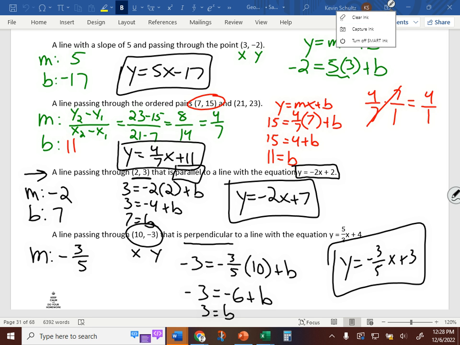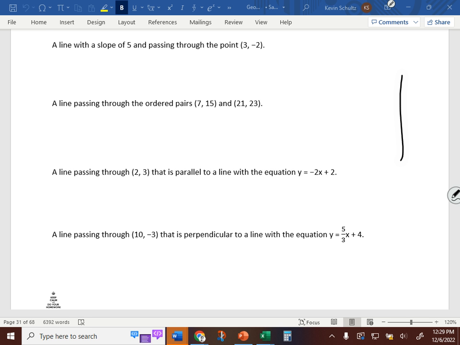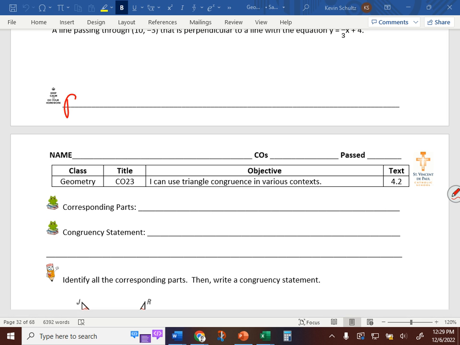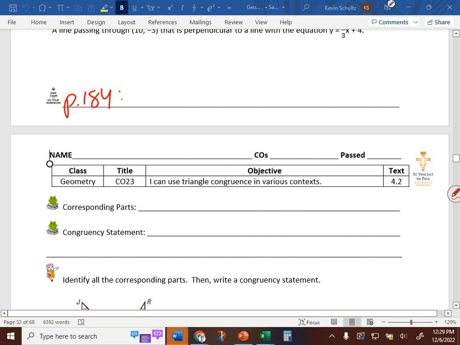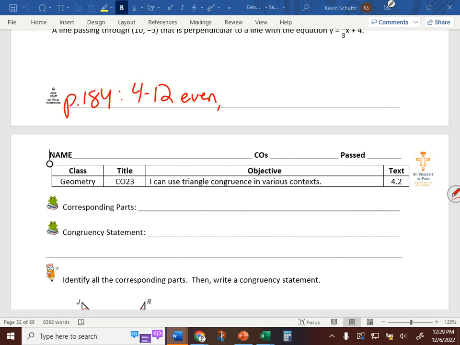On page 184, 4 through 12 even. Even. Why not odd? 18, 20, odd, right?